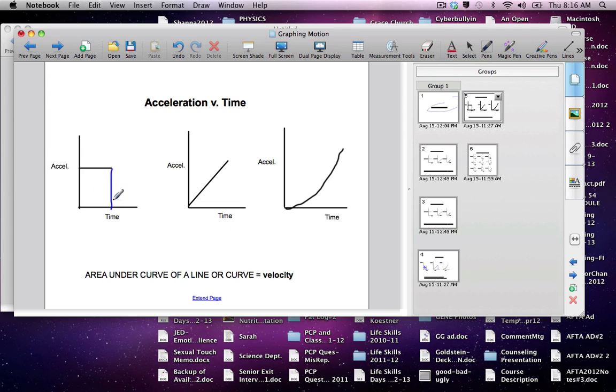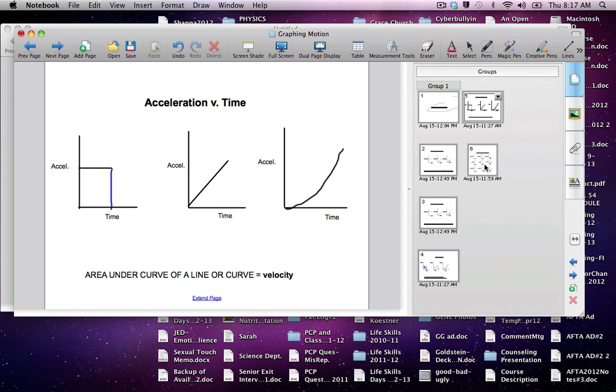So I can say, if this were the 3 second mark, at 3 seconds this object was traveling however many meters per second you come up with when you multiply 3 times this. So whatever the area is also tells us what the velocity is. Same thing here for area under the curve.